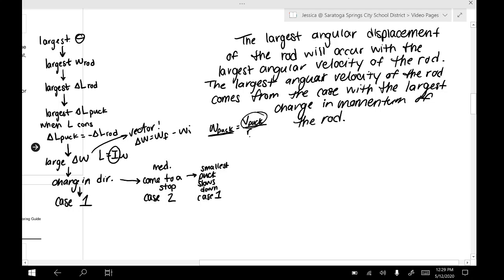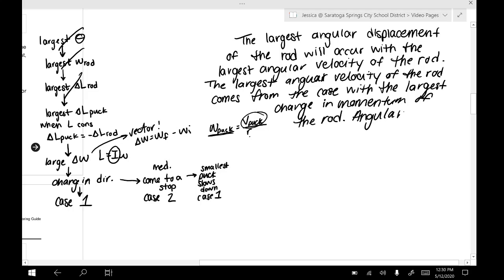Now, remember, when we're doing problems with collisions, we want to focus on momentum, not energy. That's another big mistake that I'm seeing in the ones that I've graded: people are talking about energy, but this problem really isn't an energy problem. So the largest angular velocity of the rod comes from the case with the largest change in momentum of the rod.